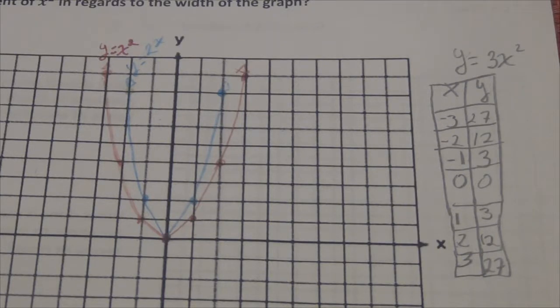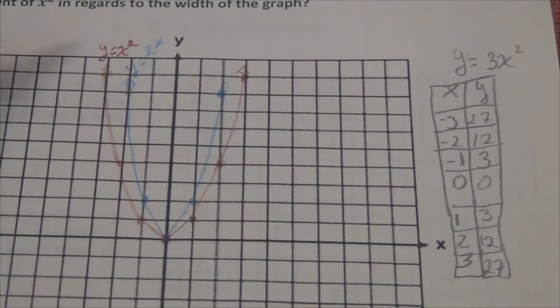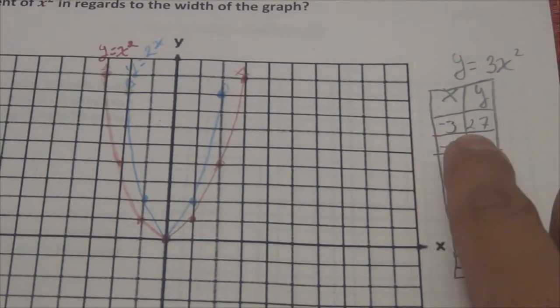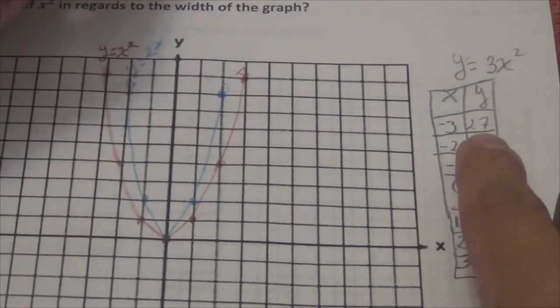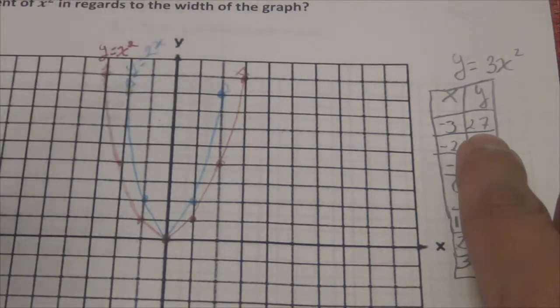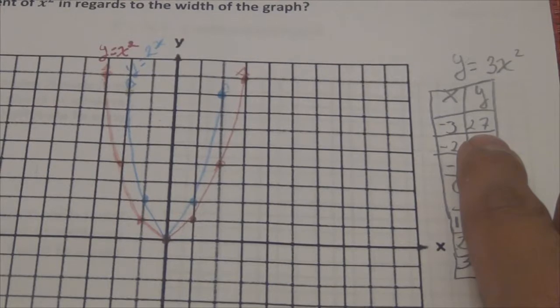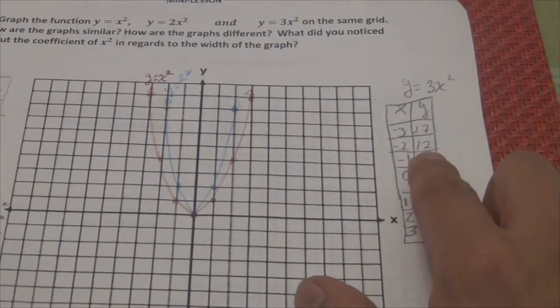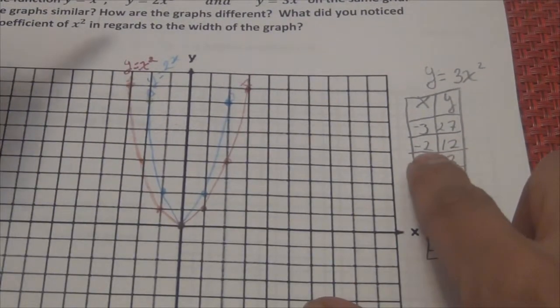Okay. I'm gonna have to use one of those markers, but hopefully it works. Or maybe I could use a different color. Let's see if it works. All right. I cannot graph negative 3 comma 27 because 27 is all the way over here and I don't have that much luxury. I could definitely graph negative 2 comma 12.